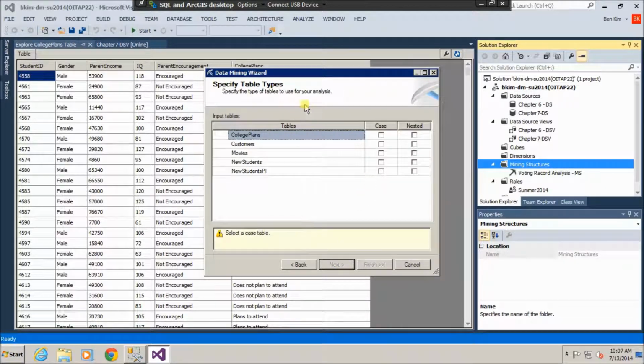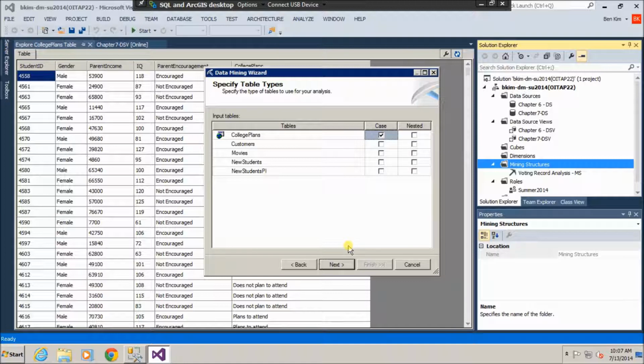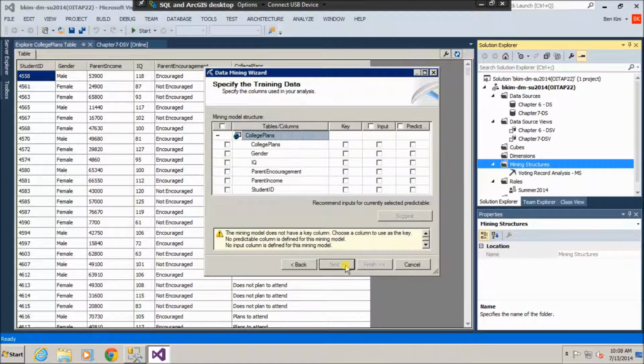So we have to specify which table. College plans. Here we need to specify columns for our data mining. First, we have to specify a key, which is a unique value to differentiate every person or every student. So this will be our key.